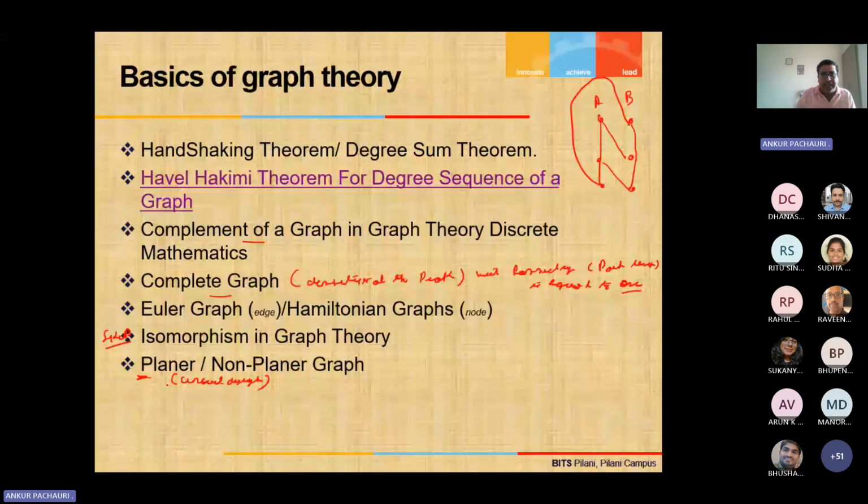If we are given certain components and those components need to be installed on a PCB, printed circuit board, such that there is no crossover, that means the circuit is feasible because the graph is planar. That is what we call a planar graph, and the negation is called non-planar, meaning at least one edge is crossing over.